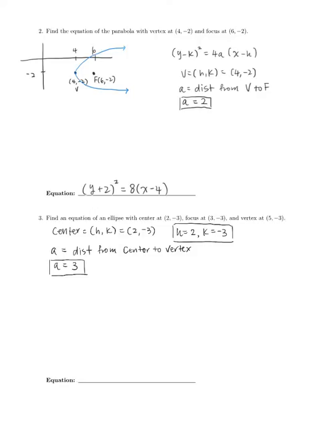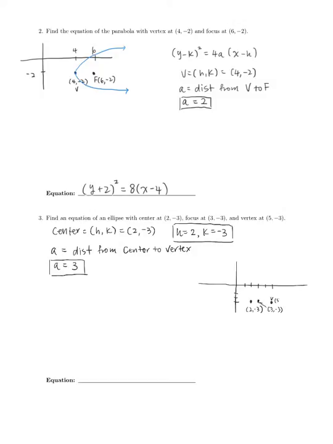Okay, so let me just draw it out and see what's going on here. So let's see. Center, maybe this will be the center, 2, negative 3. And then the focus is at 3, negative 3. And then the vertex is going to be 5, negative 3.